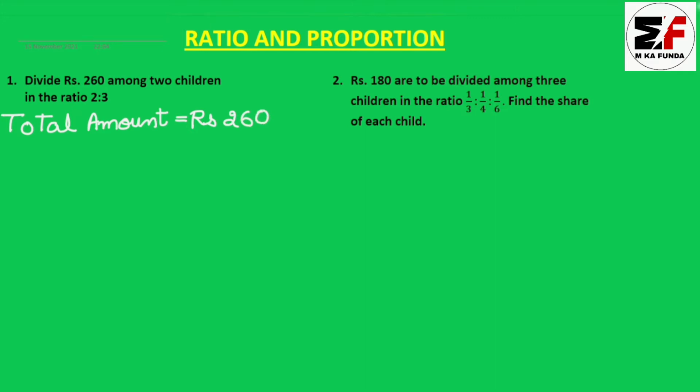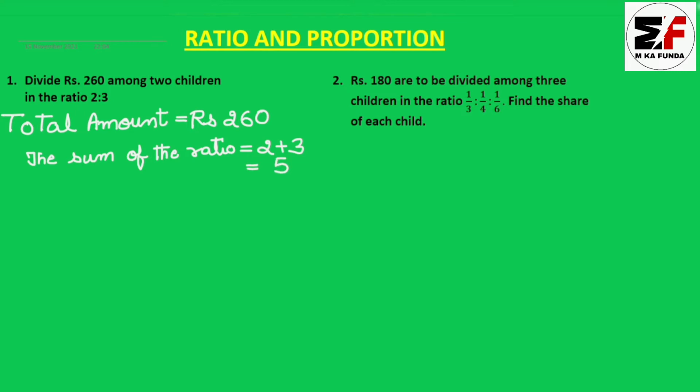Now simply we need to find the sum of the ratio. So the sum of the ratios is 2 plus 3. So total we get 5.